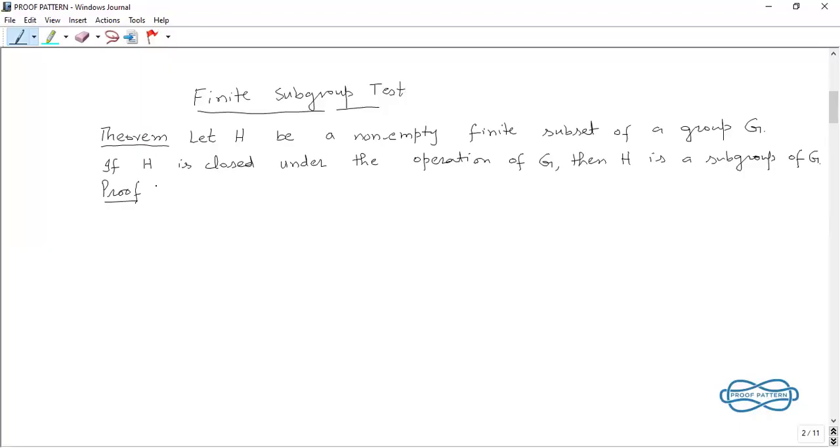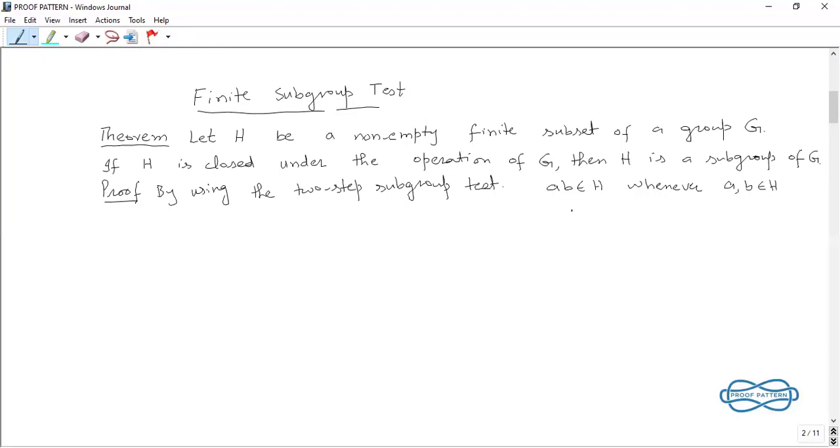Okay, we will use the two-step subgroup test, which states that AB belongs to H whenever A and B belong to H, meaning H is closed under the binary operation, which is clear from the statement of this theorem.